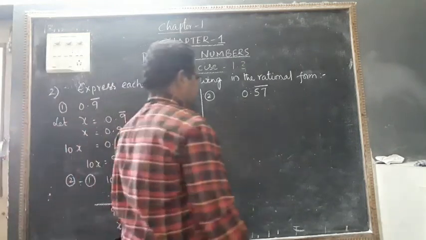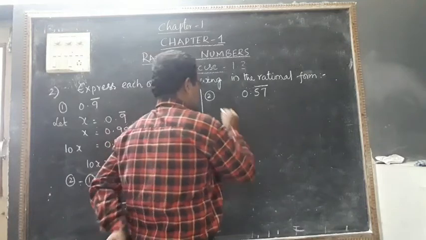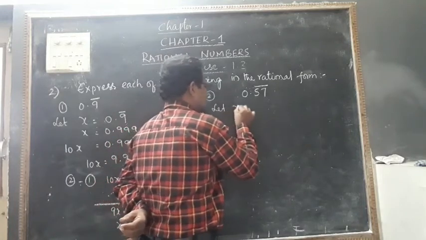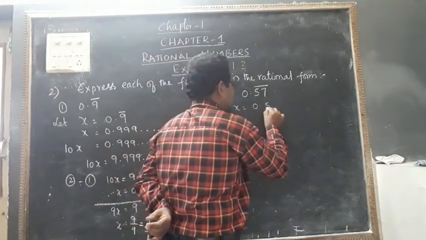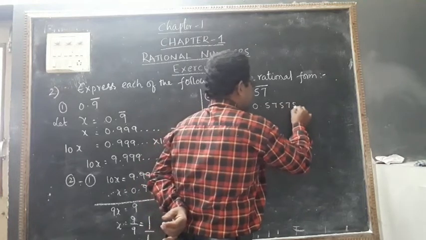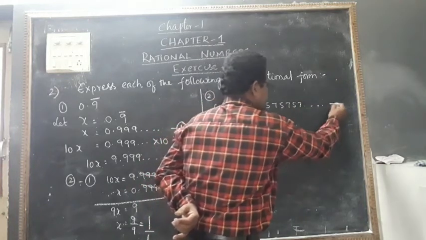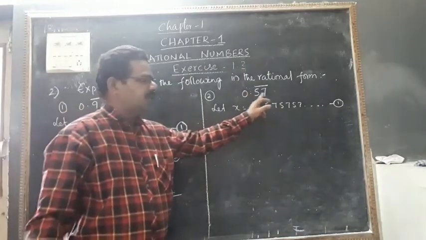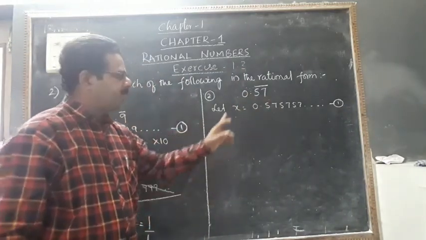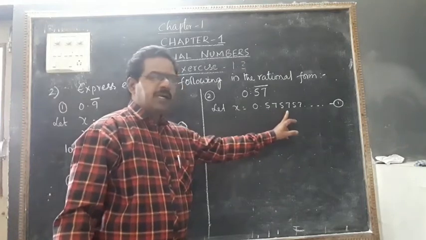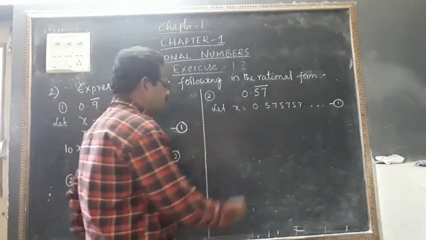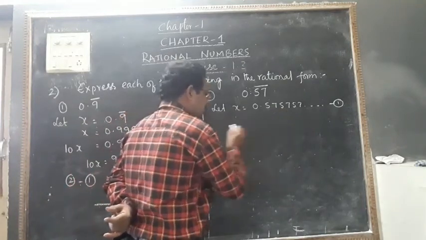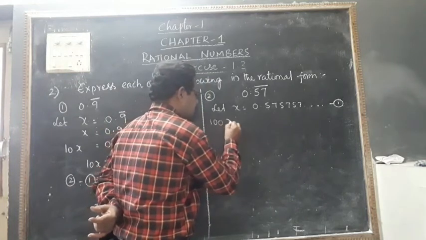Coming to second one, 0.57 bar. For this, let x is equal to 0.575757 up to so on. This can be taken as equation 1. 57 bar means here 2 digits are repeating. That's why the period is equal to 2. Multiply this one with 100 on both sides.